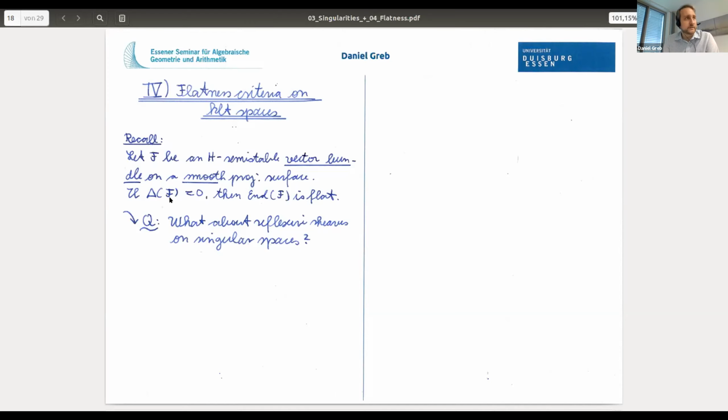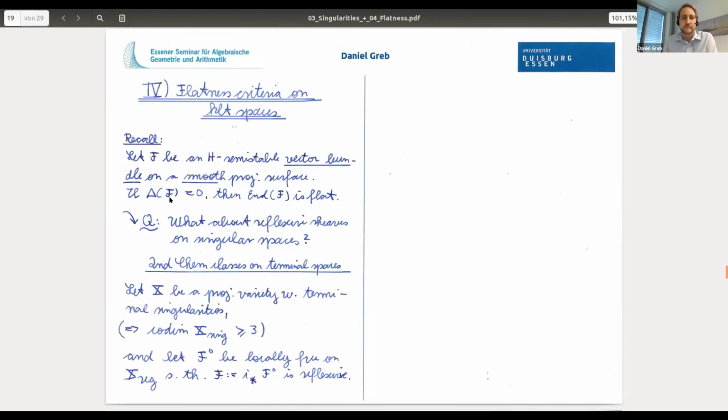And if I have these singularities, in the first lecture I explained that natural reflexive sheaves are the ones where I take a geometric sheaf on the regular locus, like the tangent sheaf, the cotangent sheaf, omega p, or some tensor sheaf, and I push them forward to the whole space. And I want to know what's happening with respect to this theorem.